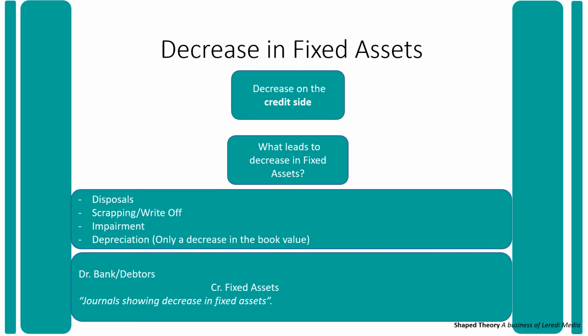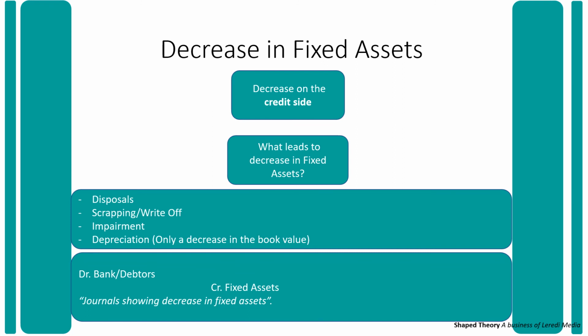If the fixed asset was sold using cash, it means that the cash in the bank will increase because you have additional cash in the bank. And because bank is an asset, it will therefore increase on the debit side. The same with debtors.